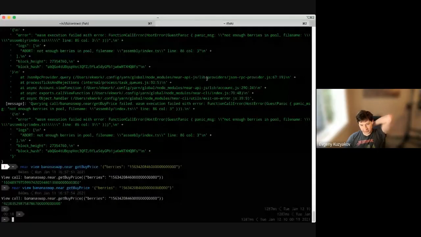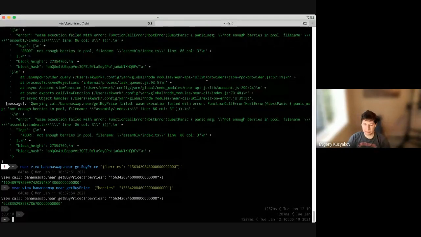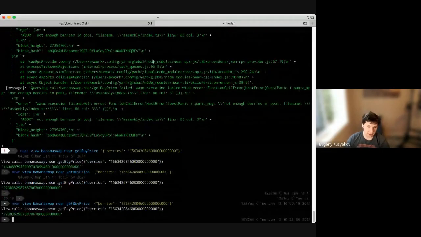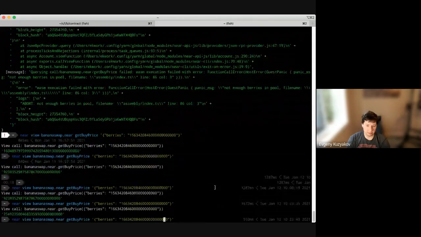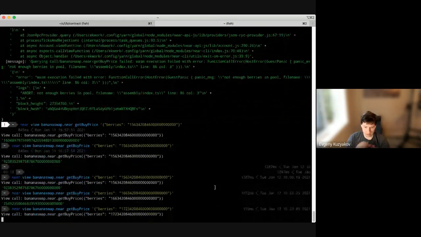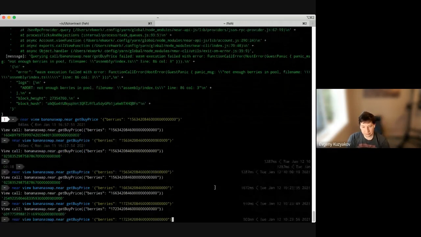All right. So this tab is on the mainnet, and I can say I want to know the buy price to buy that many berries, how much near it costs to buy so many berries. So let's say, I don't remember where we stopped. I think it was like 7 to 17.